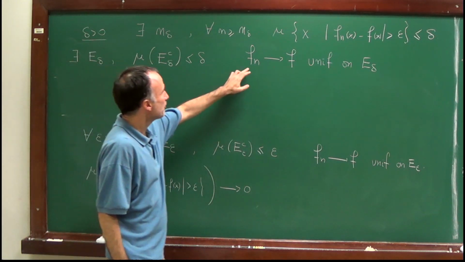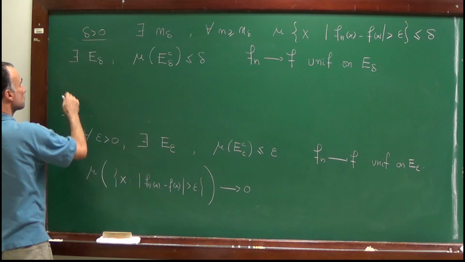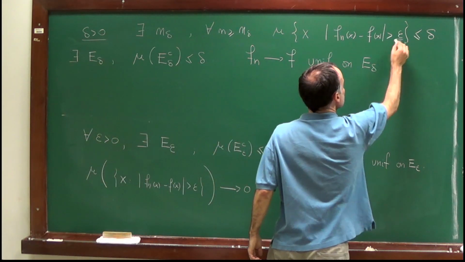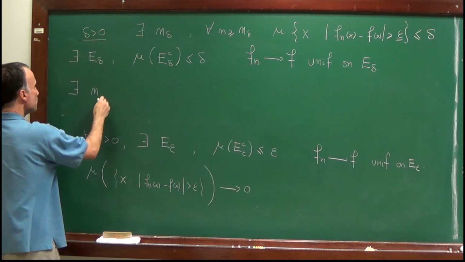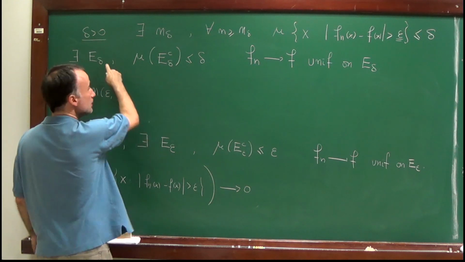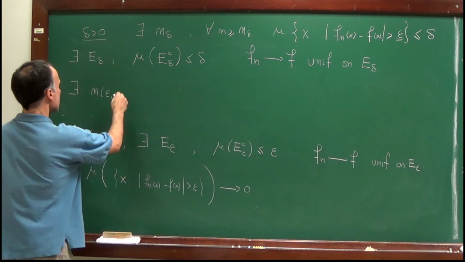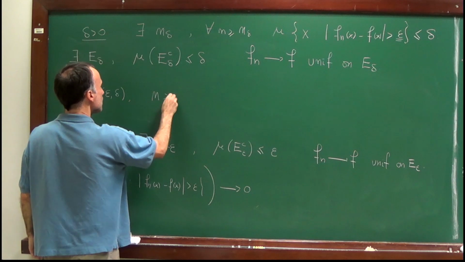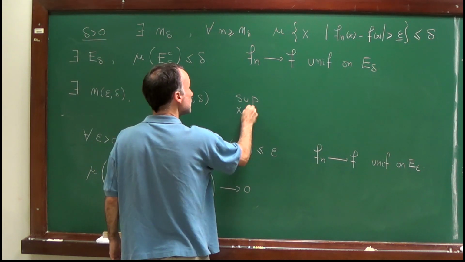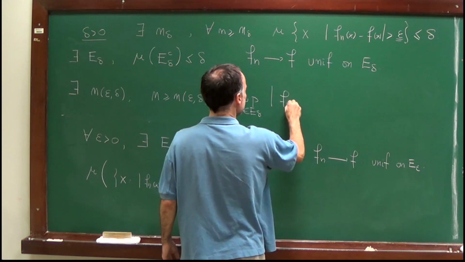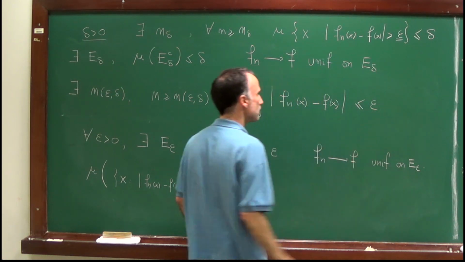Since fn is converging to f uniformly on this set, this means that, given epsilon, I can find n which depends on that epsilon and this delta, because the convergence is uniform on that set, such that if n is larger than this n epsilon delta, then the supremum over x in E delta of |fn(x) - f(x)| is less than epsilon.